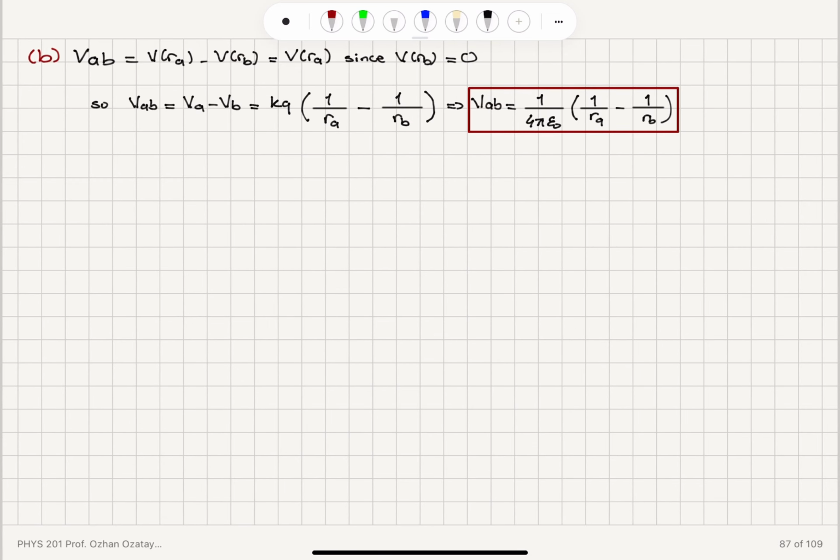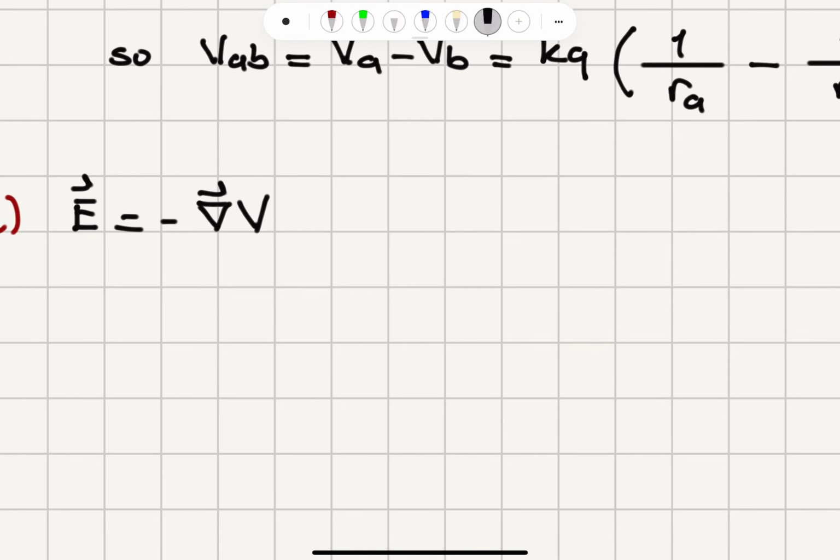Okay, so let's start with part C. We're using the relationship between the voltage and the electric field. Electric field is equal to minus the gradient of the potential.